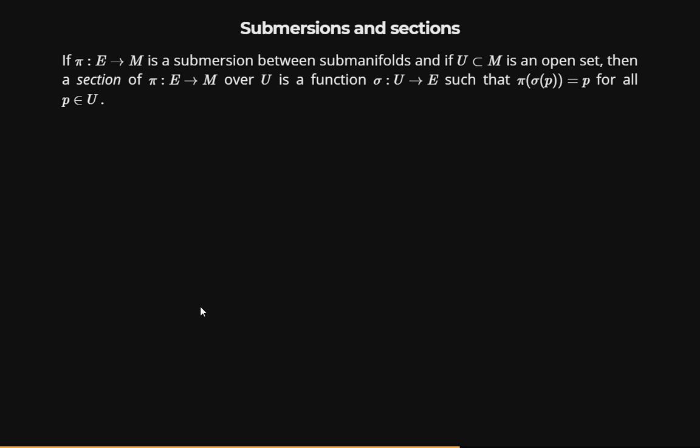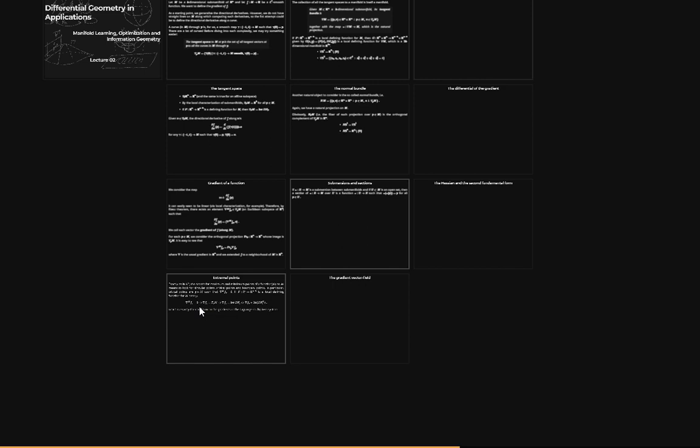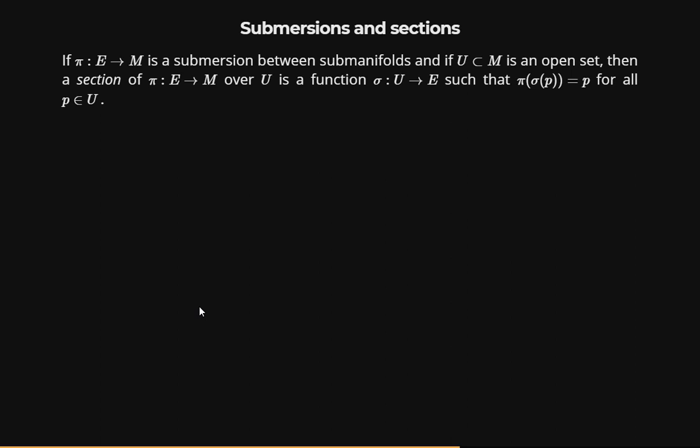Okay, well, erase the first sentence. If E is either the tangent or the normal bundle and pi is the projection, and you have an open set in M, then a section of the projection is a function sigma from the open set to E, such that the projection of sigma of P is P for every P. This is called a section because you usually think about it in this way.